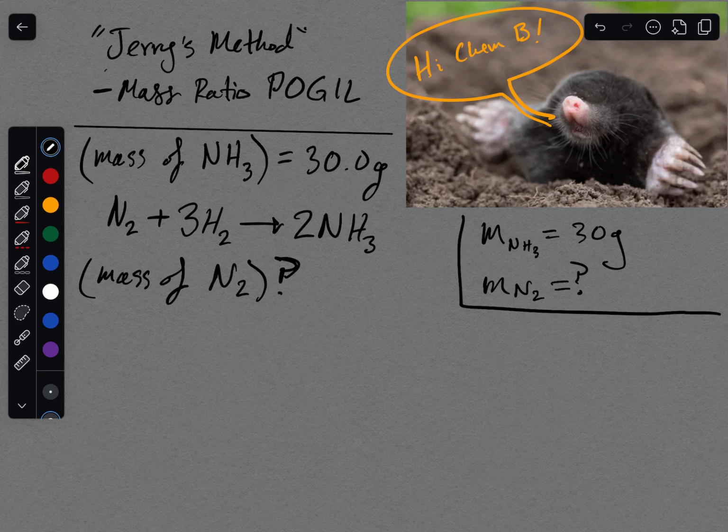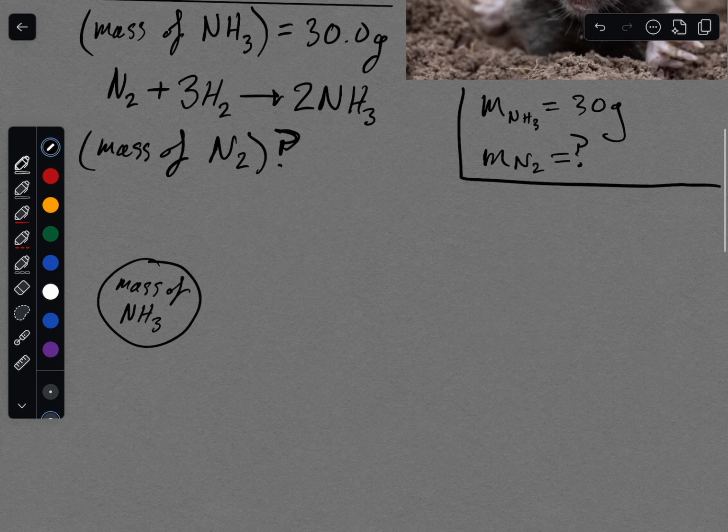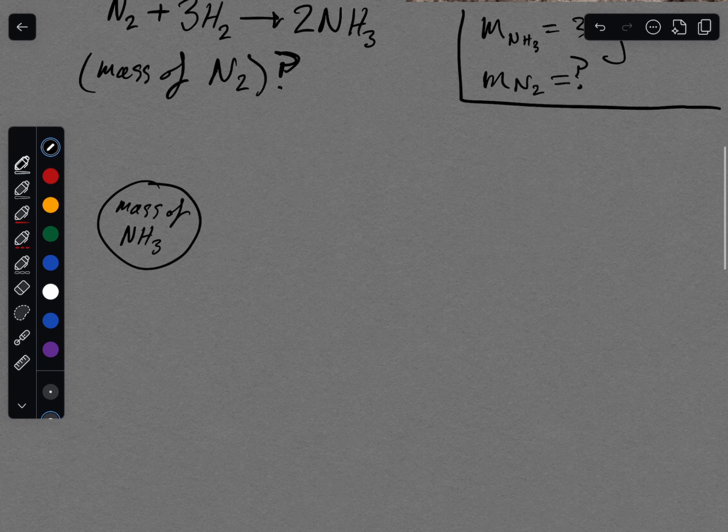So I'm going to have a starting point where I'm going to say, okay, I know the mass of ammonia, NH3. I know this thing. And I want to eventually get to knowing the mass of nitrogen necessary.